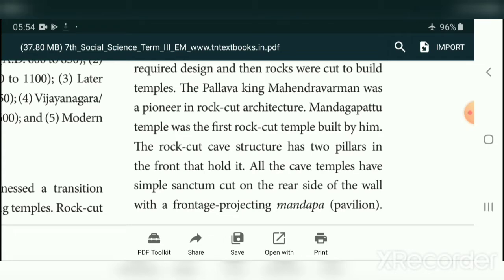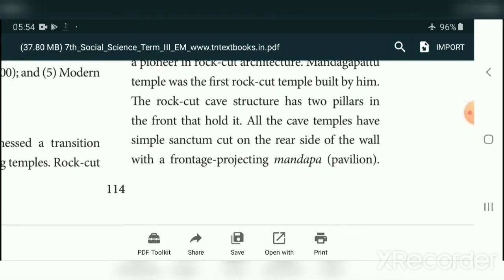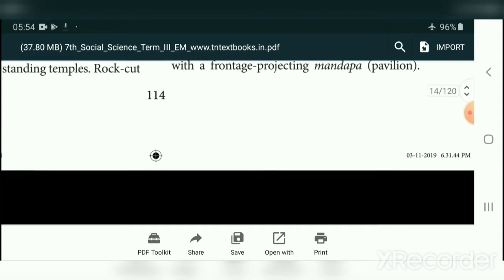The rock-cut cave structure has two pillars in front that hold the total rock. All the cave temples have a simple sanctum cut on the rear side of the wall with a frontage projecting mandapa. Mandapa is what we call a pavilion.